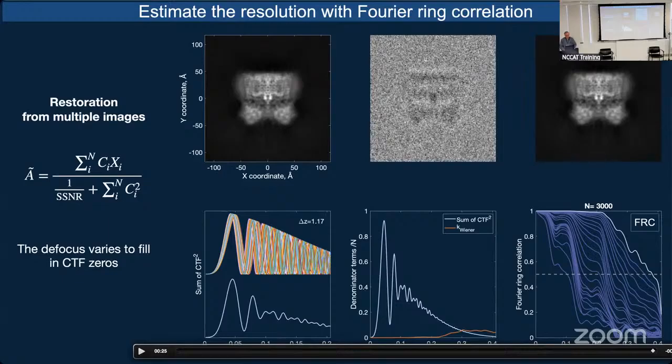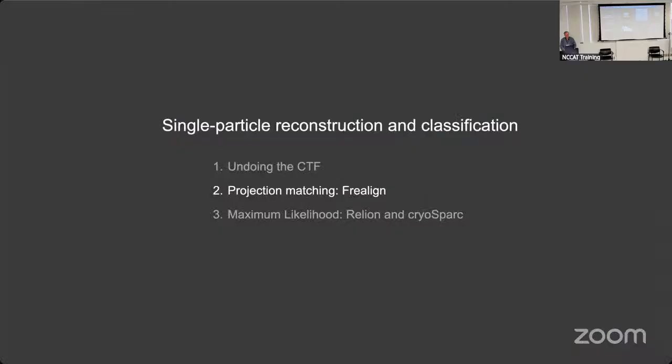Okay, so this is really cool. We know how to undo the CTF in pretty good fashion using this Wiener filter idea. And so now we can talk about an actual single particle reconstruction program.